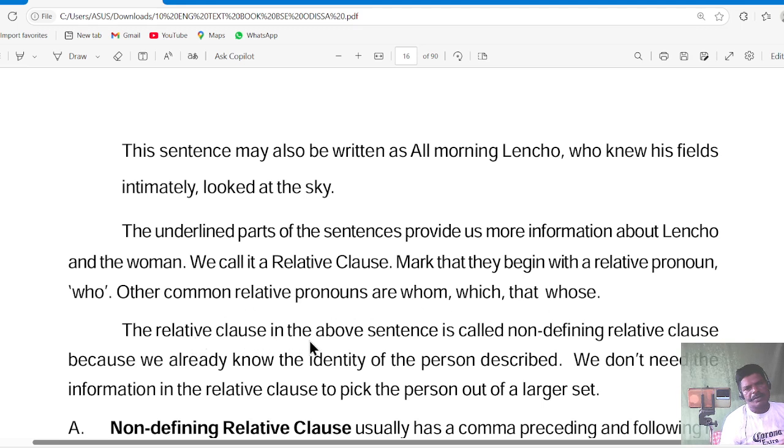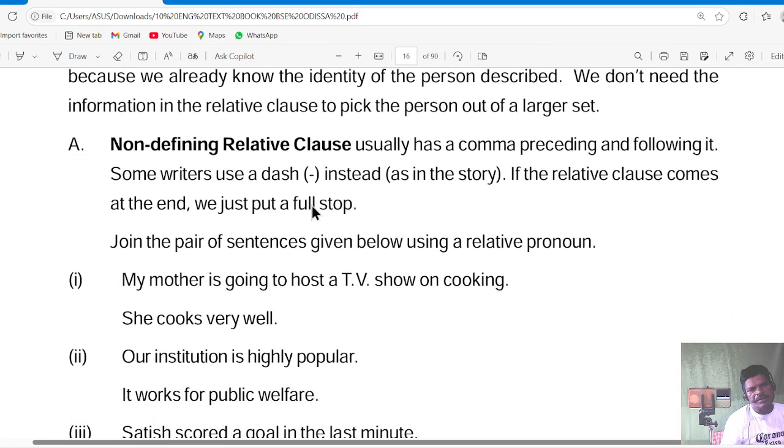The relative clause in the above sentence is called a non-defining relative clause because we already know the identity of the person described. We don't need the information in the relative clause to pick the person out of a larger set.